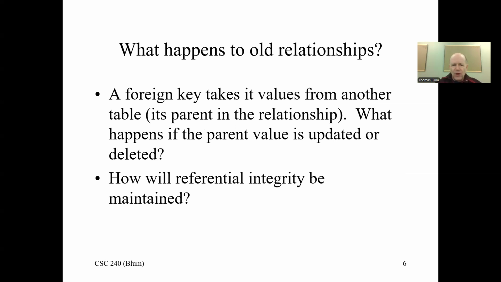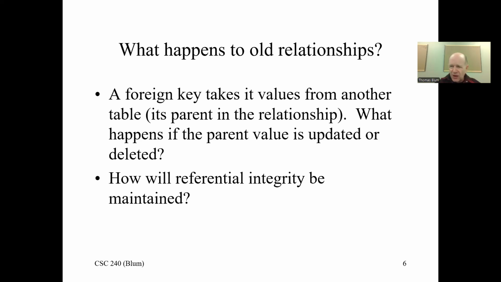Okay. When you have a relationship between two entities, then you have to ask the question, what happens to the relationship if I were to do something to the table?